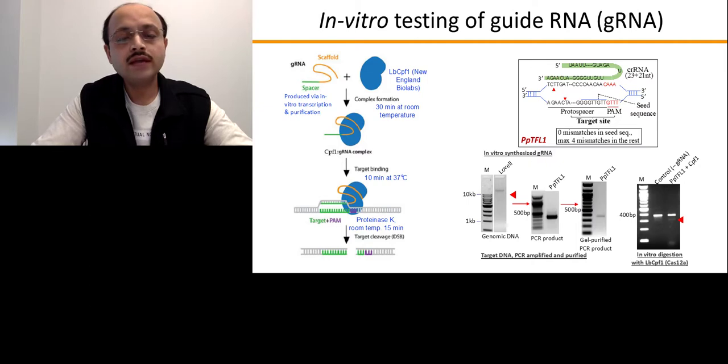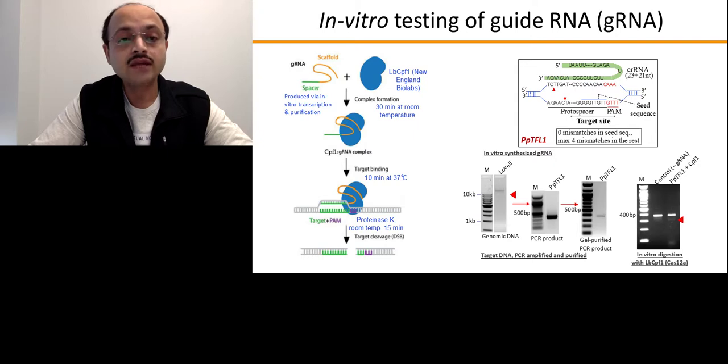Before actually delivering these reagents to the plant cell, we decided to test these genome editing reagents, or the guide RNA, for its specificity in a test tube. To do that, we amplified the target site, a piece of the TFL1 gene, using a PCR approach. After amplification, we added it with the commercially available Cpf1 enzyme and a guide RNA that we created and synthesized.